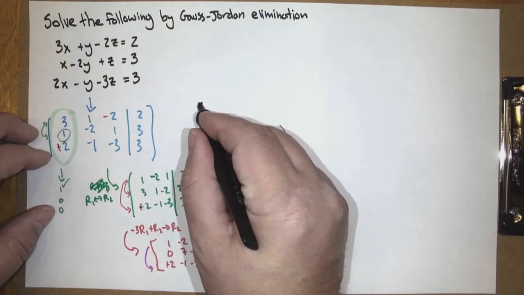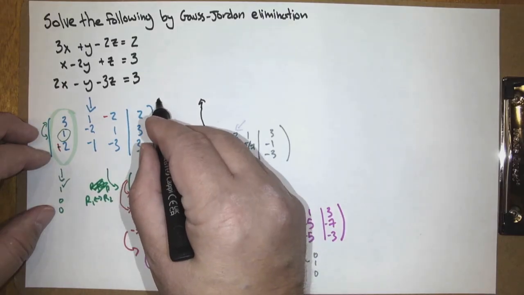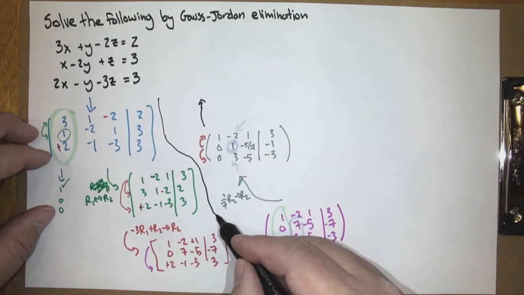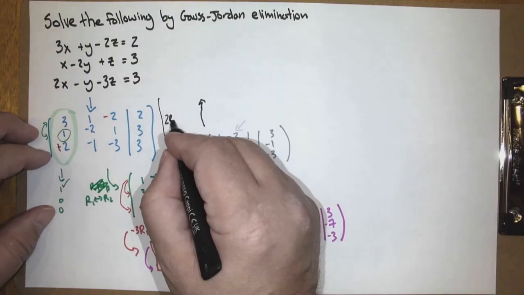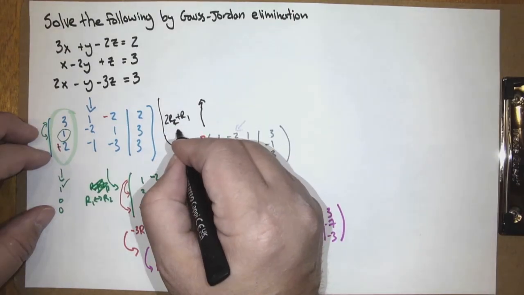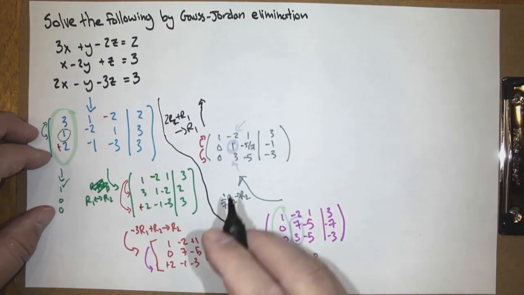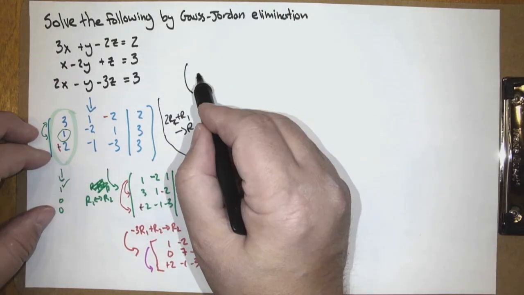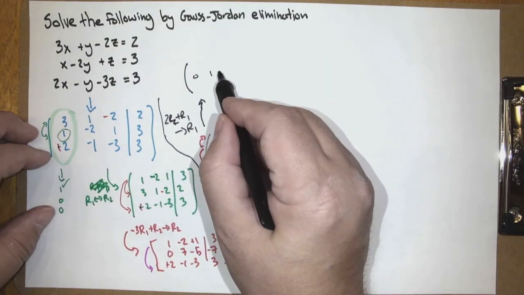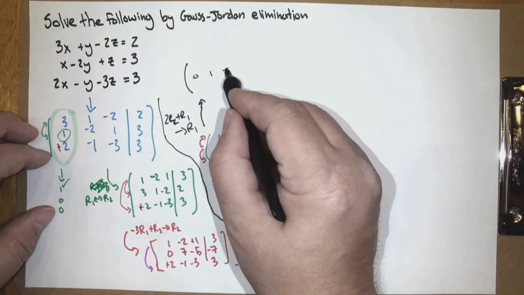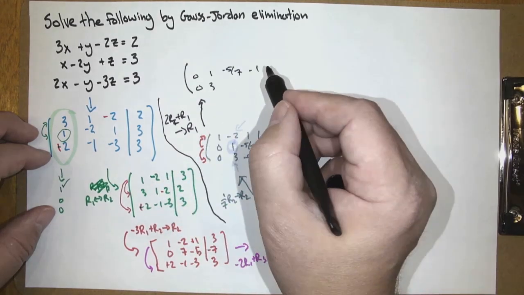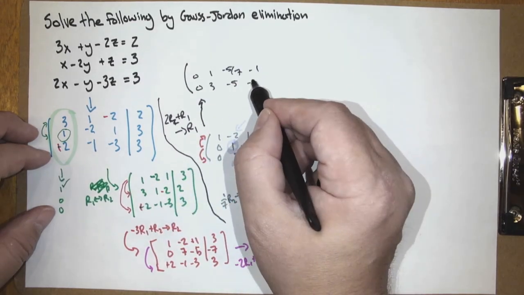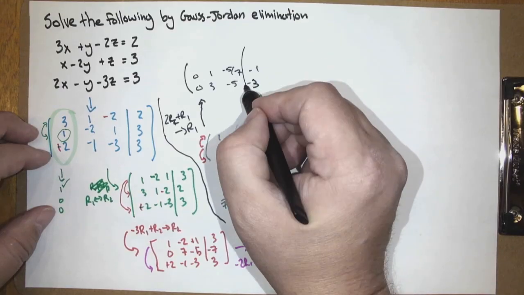So we're going to take 2 row 2 plus row 1 becomes our new row 1. So our middle row, 0, 1, negative 5 sevenths, negative 1, and our bottom row, 0, 3, negative 5, negative 3, stay as is.